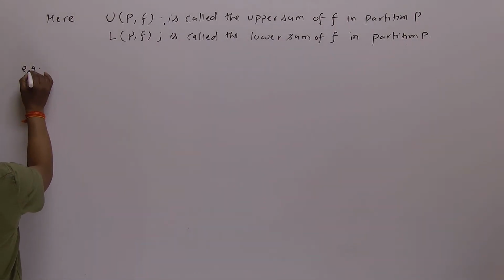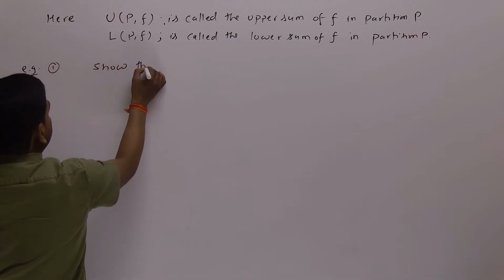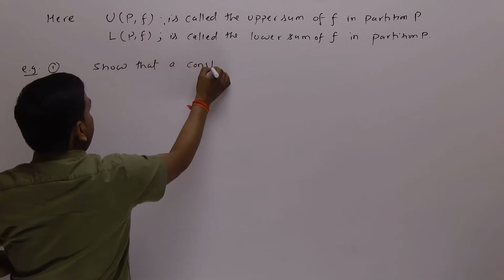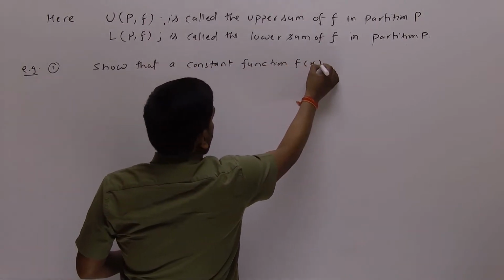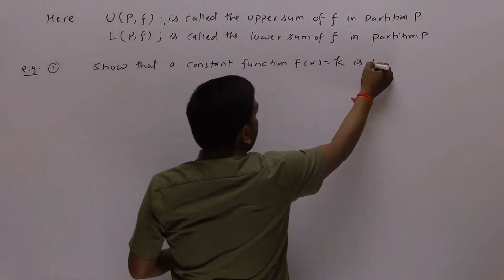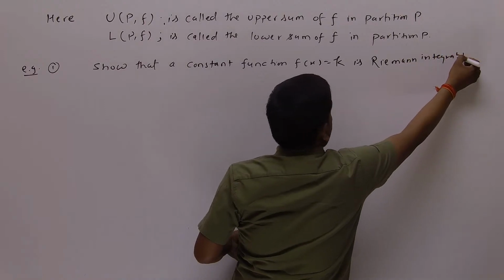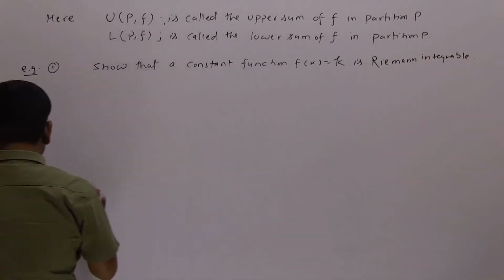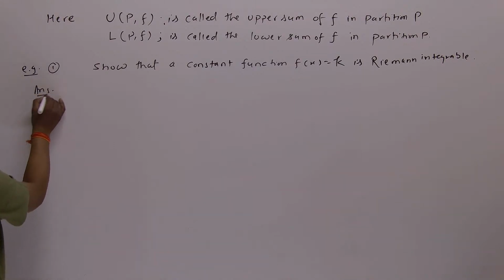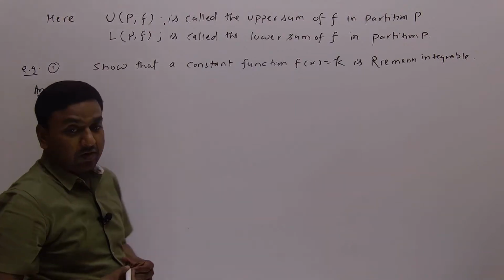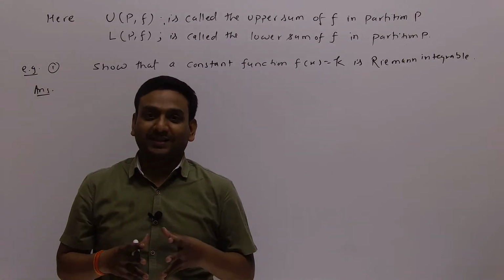For example, if someone asks that a constant function f of x equals k is Riemann integrable. ठीक. So how would we like to answer? देखो, I have already told you Riemann integration is the basic idea behind the integration.